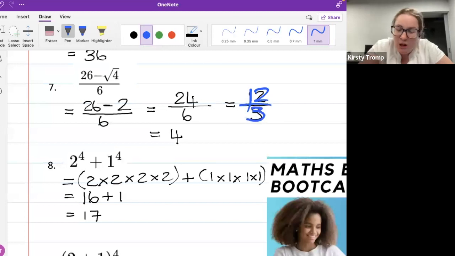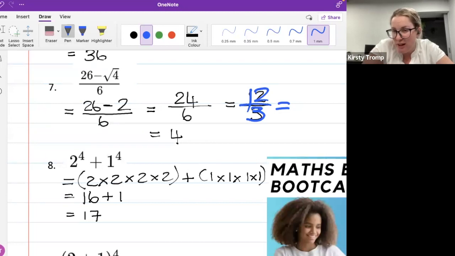There's my 3. What goes into 12 and goes into 3, Dimple? What can I divide 12 by and 3 by? By 4? Can I divide 3 by 4? Are you sure? No. How about by 3? By 3, hey?